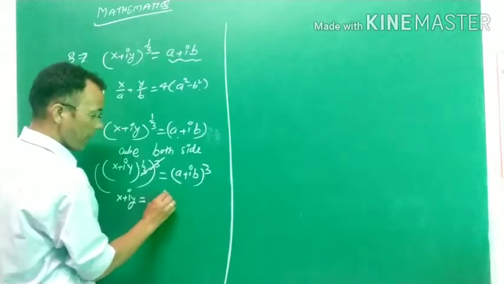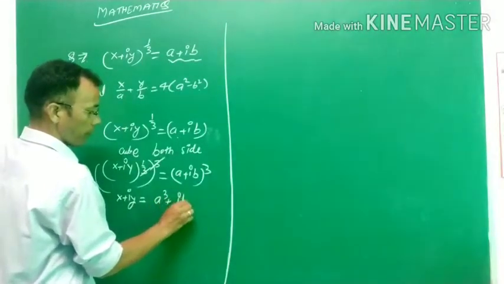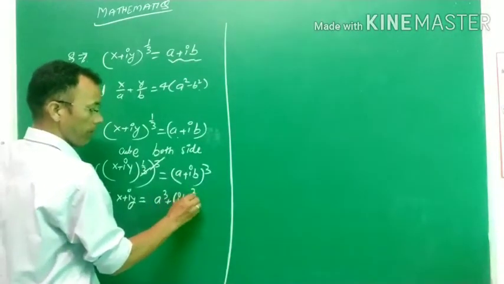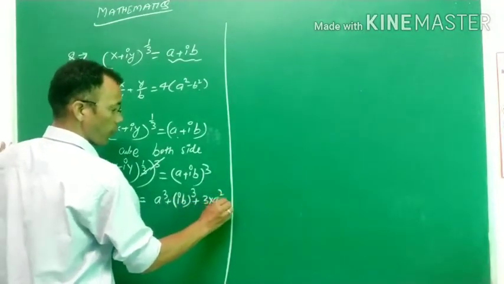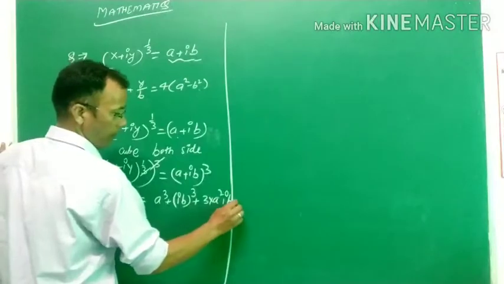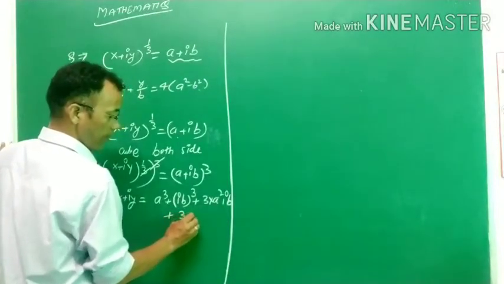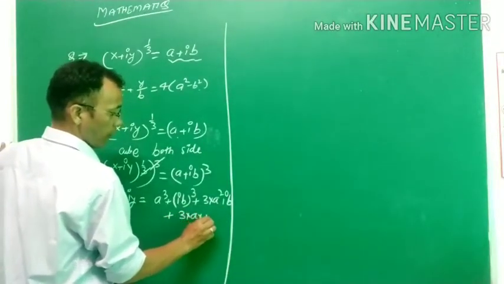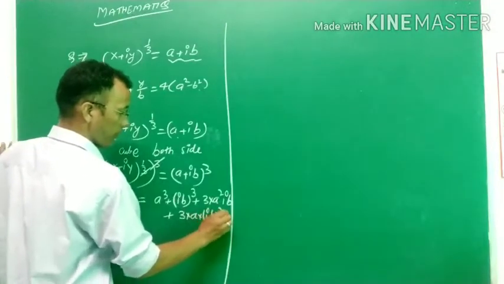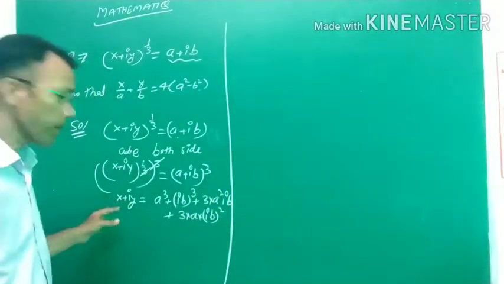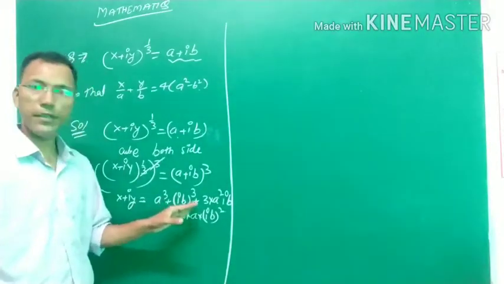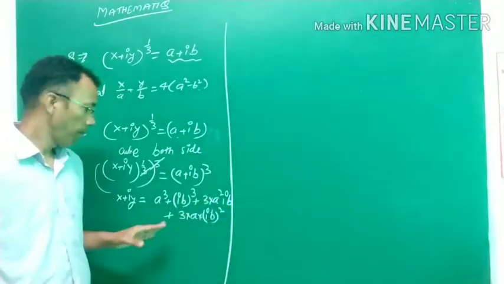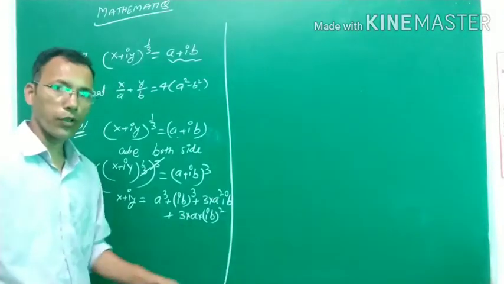So that means a cube plus iota b cube plus 3a square into iota b, and plus 3ab square, that is 3 into a into (iota b) whole square. So x plus iota y is equal to a cube plus (iota b) whole cube plus 3a square iota b plus 3a (iota b) whole square.